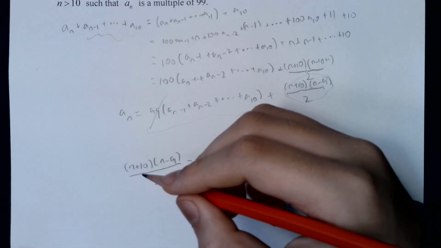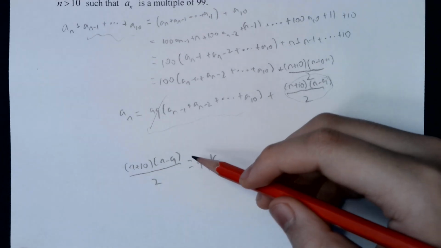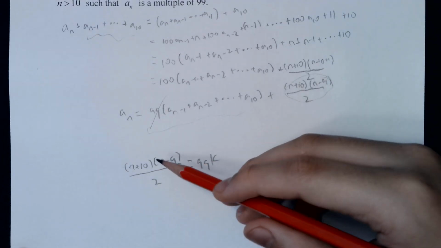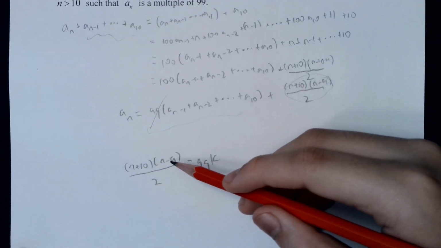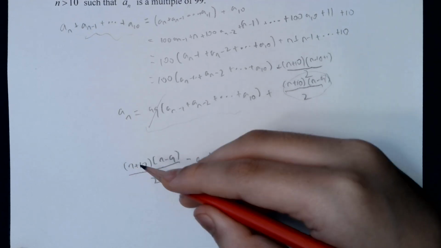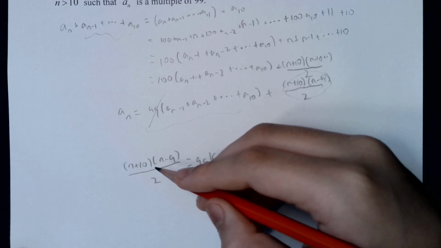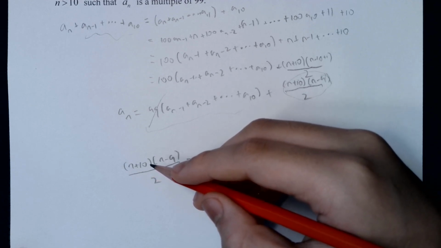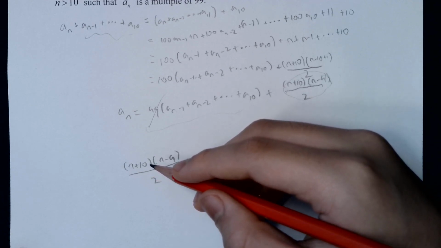So now let's try and see what n value would work for this. For this to work, we see that n plus 10 times n minus 9 needs to be divisible by 9 and 11. So let's look at n plus 10 being equal to a multiple of 11, as 11 is a prime number and should be easier to solve.